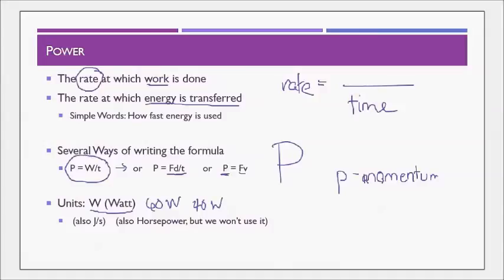So we can also think of it as joules per second, which is the amount of energy used every second. And in our other outside lives, we can also think of it as horsepower, but that's primarily used for cars and engines, and we don't use that in physics.